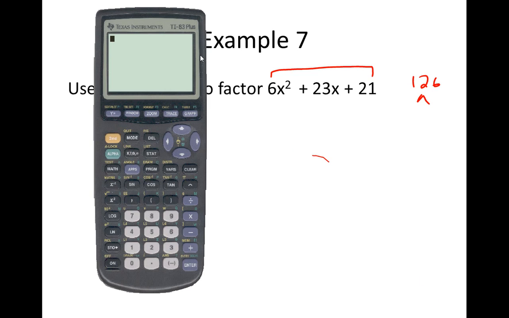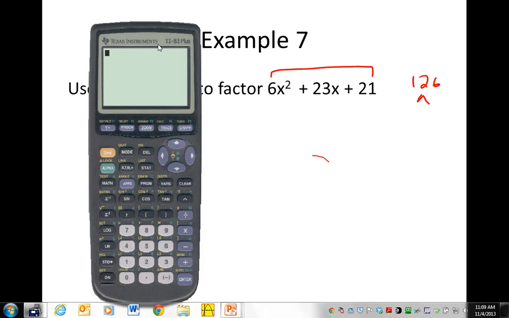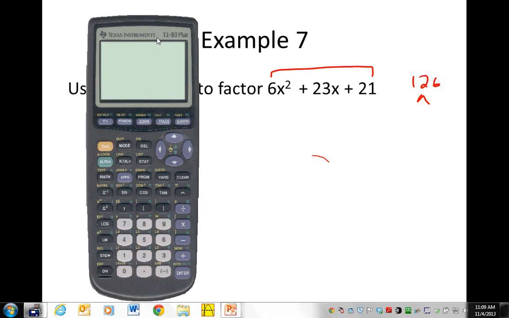Okay, let me bring the calculator up here. When the numbers get large like this, it's hard to sometimes see what that's going to be. So I'll just kind of start. Okay, 126. Certainly that's divisible by 2, but that's going to be too far apart, right? If I divide that by 2 and 63, I can't get to 23 by that. I'm adding. So then I'll maybe look at 126 divided by 6. 6 and 21.